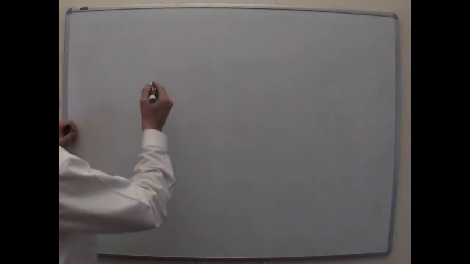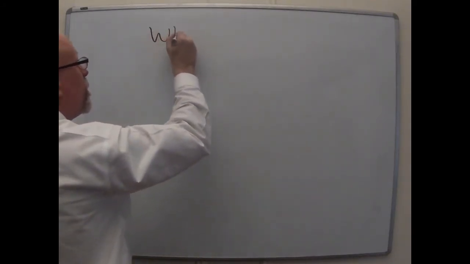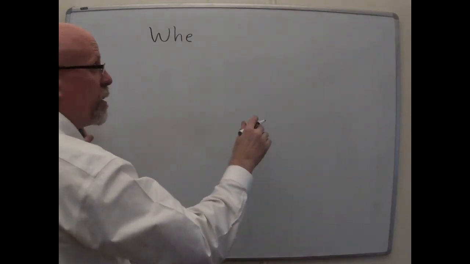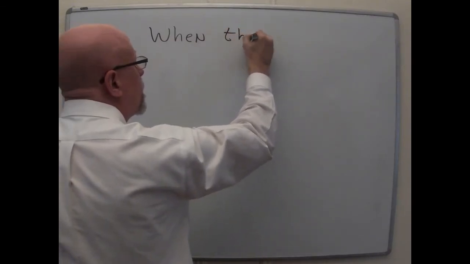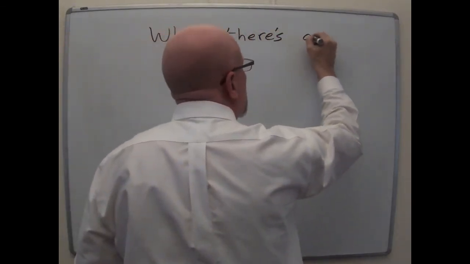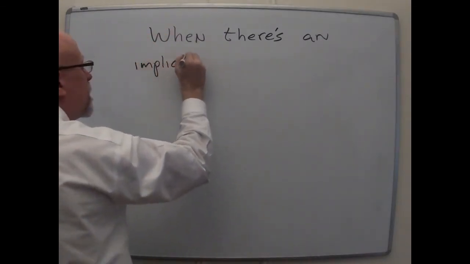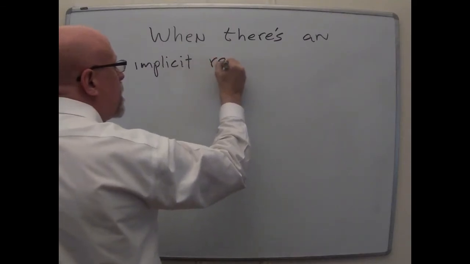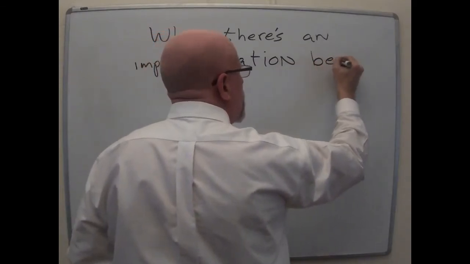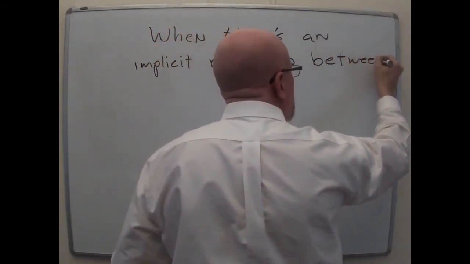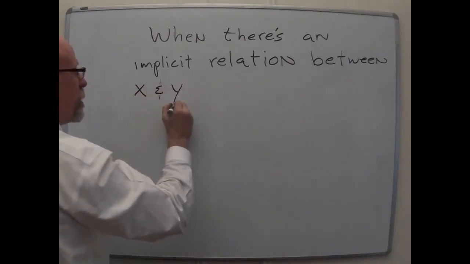So when there's an implicit connection between two variables, you can always move everything to one side and set 0 on the right-hand side. And we want to think of this relationship between x and y in the following sense.